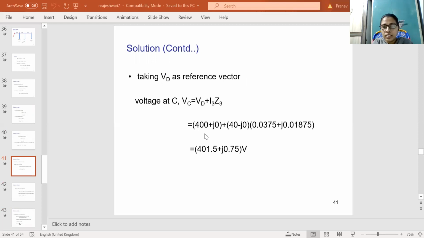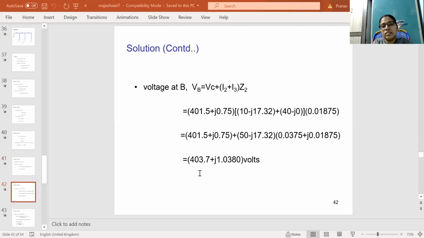So VC is equal to 400 plus j0 plus I3, which is 40 minus j0, into Z3, which is 0.0375 plus j times 0.01875. By simplifying this value, we will get 401.5 plus j0.75 volts as the voltage at C, VC.